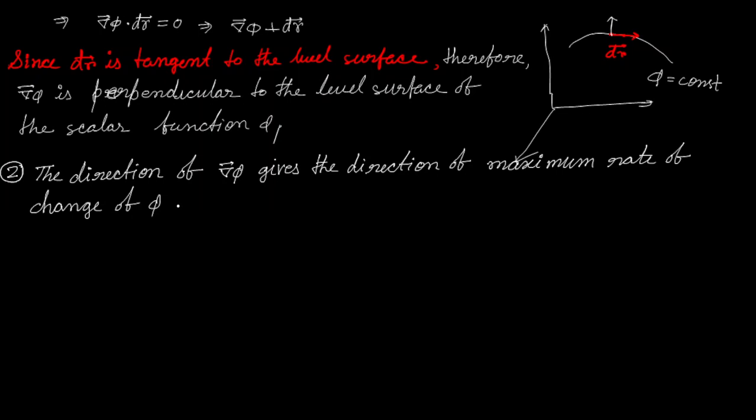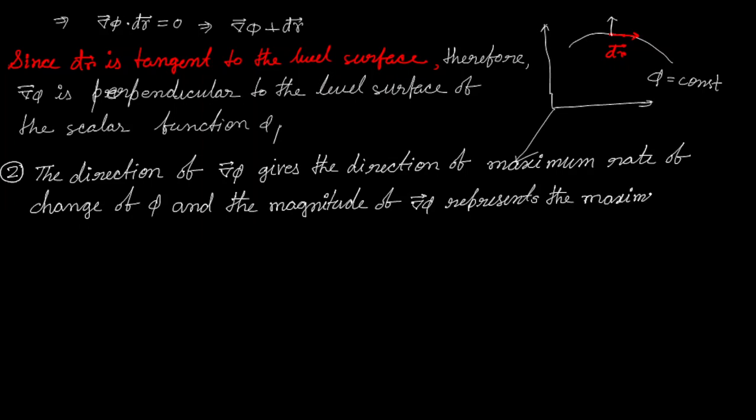So grad phi is a vector quantity, and the direction of this grad phi gives us the maximum rate of change of phi, and the magnitude of grad phi represents the maximum rate of change of phi.